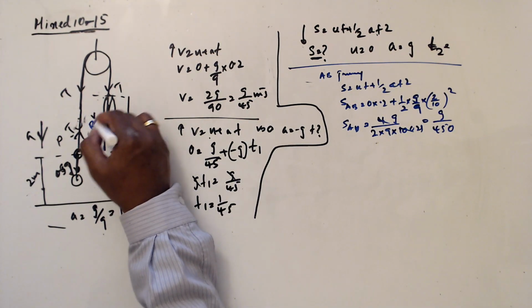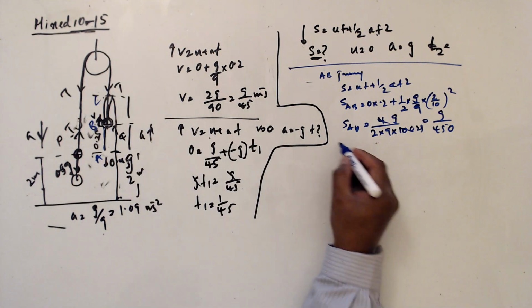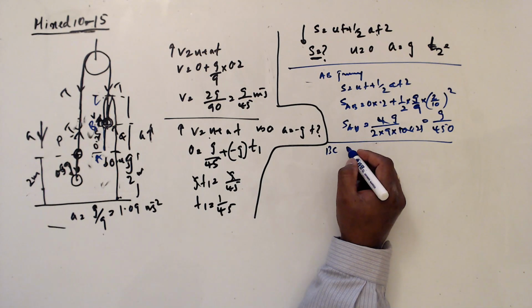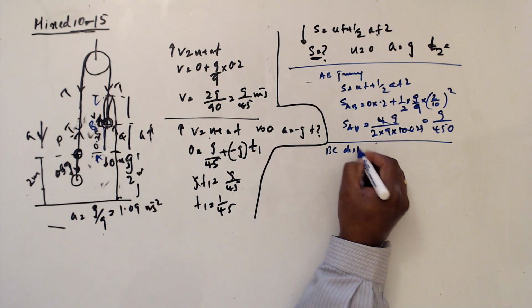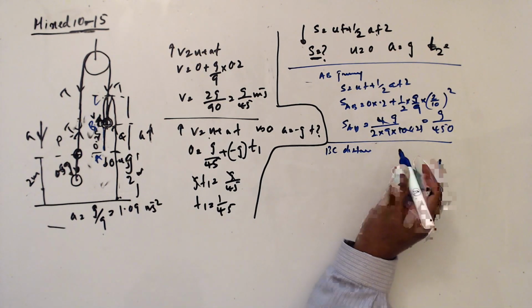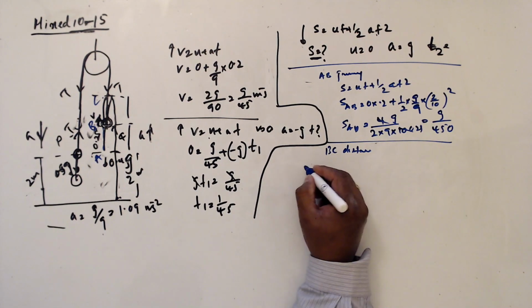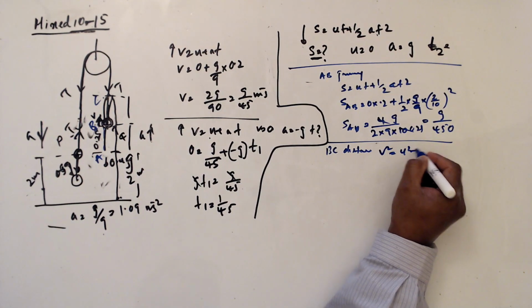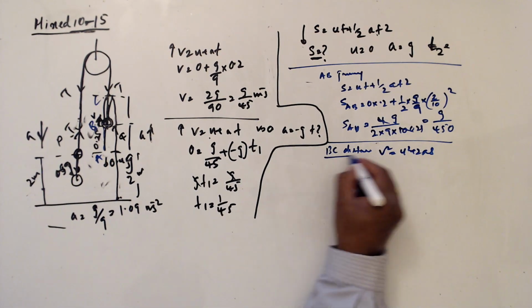Now we want to find the B to C distance. So BC distance. We can put v squared equals u squared plus 2as for the BC journey.